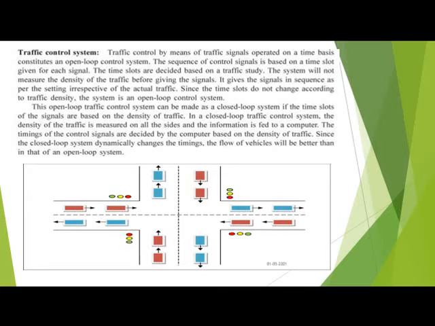When the density from the east is more, the flow of cars moves from the east to the west, and again to the south. Here there are two different traffic sides, and the density is measured by sensors, the information is fed to the computer, and the timing of the control system is decided by the computer based on the density of traffic. If the number of cars on one side is more than the other, for example east, west, or north, the timing changes and the flow of vehicles will be better than in the open loop system.